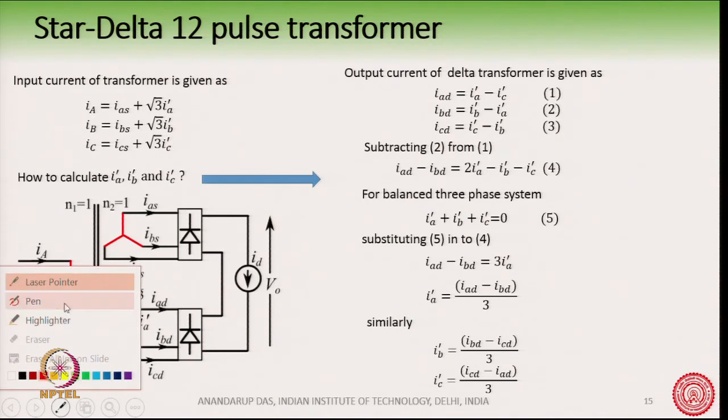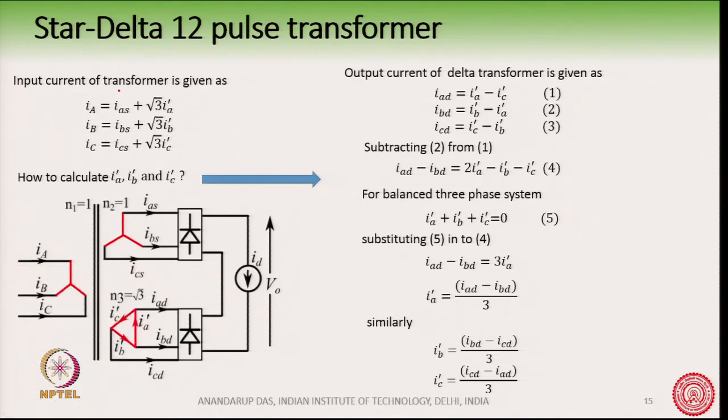So, this contribution, IAS, is coming from the star, and this contribution is coming from the delta transformer. For the delta part only, we can say that √3 into IA dash is equal to 1 into IA, because the turns ratio here is √3.